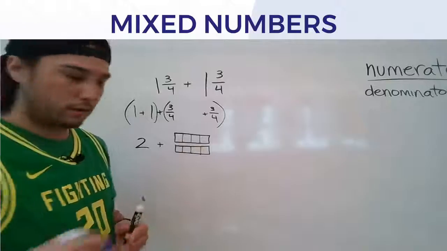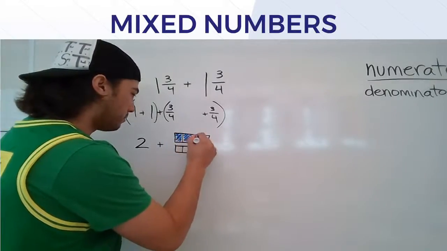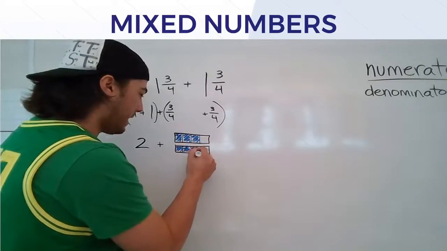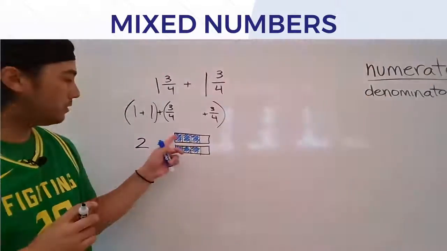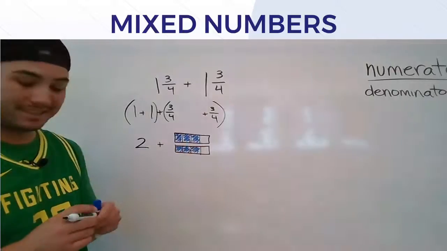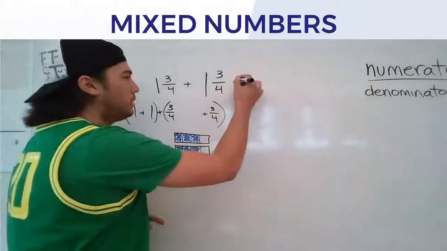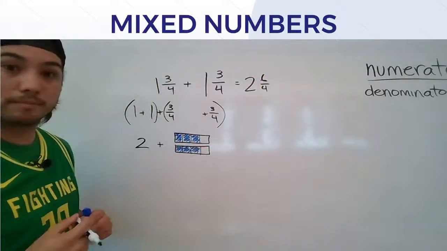We're going to color in 3 of each, because it's 3/4 plus 3/4. And then how many fourths do we have? 1, 2, 3, 4, 5, 6 fourths. Okay? So here's our short answer. 2 6/4 is an acceptable answer.